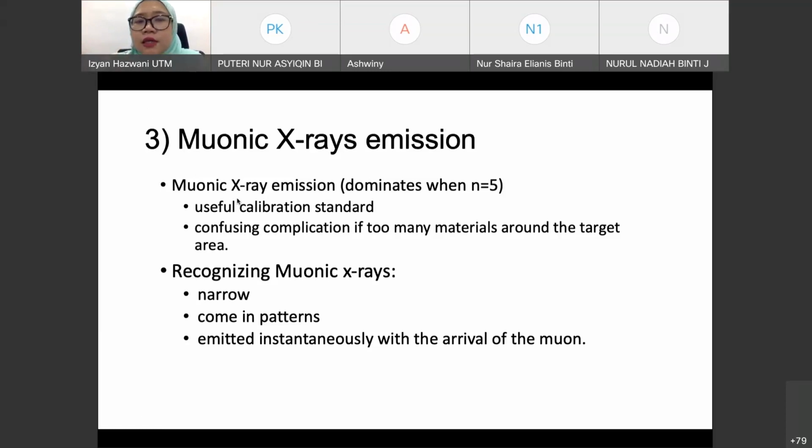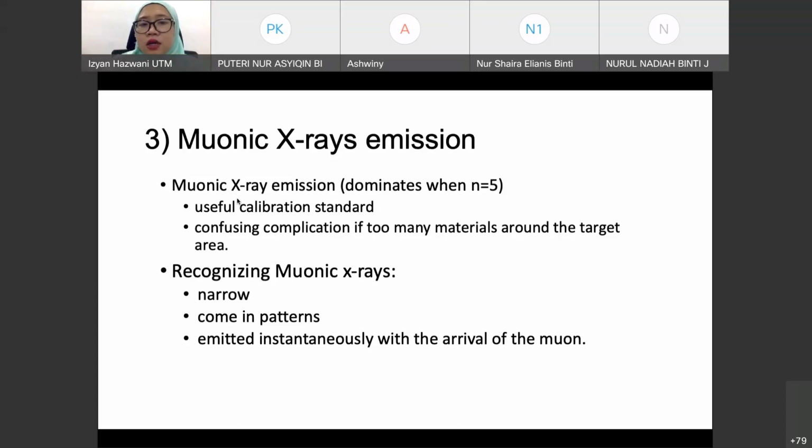Usually, if we are using a target where the environment is not clear, for example we have the target and then some plastic scintillator, some aluminium and frame, and so on, this will be very confusing when you are trying to use it as a calibration standard.